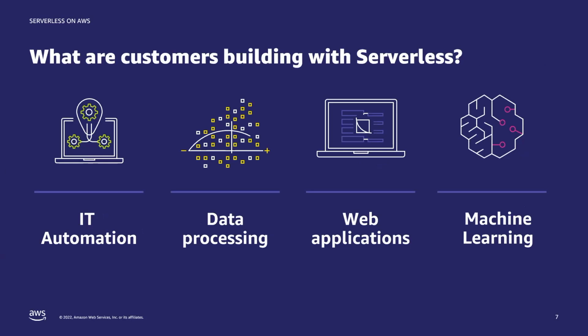What are customers building with serverless? Well, the first thing, and I hinted on this, is IT automation, infrastructure as code. Deploying traditional web server models, for example, that might run on Java or .NET or another framework, maybe in a hosted web environment like Elastic Beanstalk, that's a managed service, or building it on containers or even servers, but codifying that infrastructure where you can deploy it with a couple clicks.